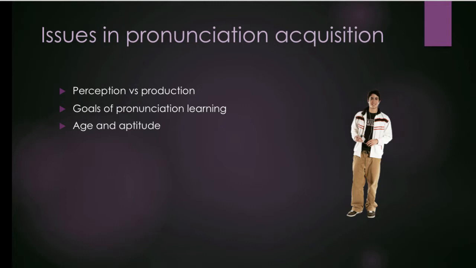There's the idea that some people have an ear for languages and can come further in their nativeness than others, and indeed in intelligibility. And the idea of calling it an ear for language rather than a tongue for language is interesting, going back to the idea that perception might in fact be more important than production here, that being able to hear the sounds accurately is perhaps a prerequisite for being able to pronounce them accurately.